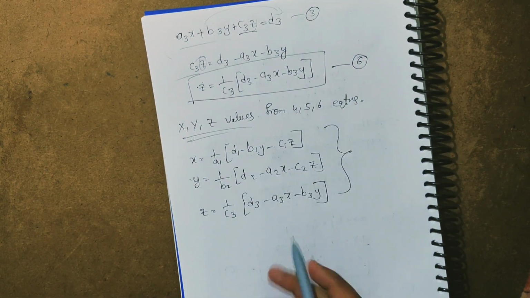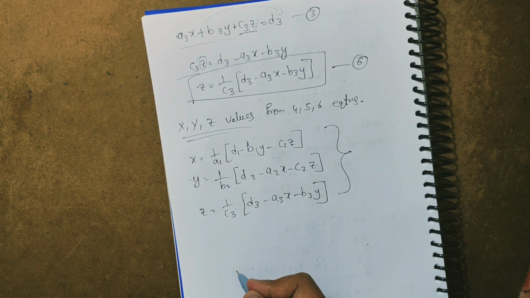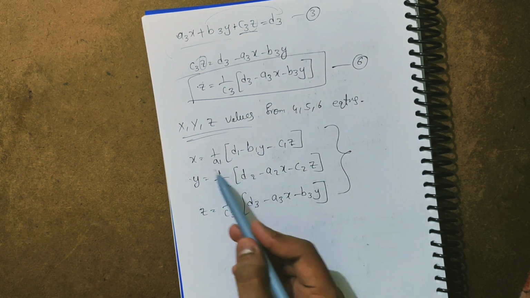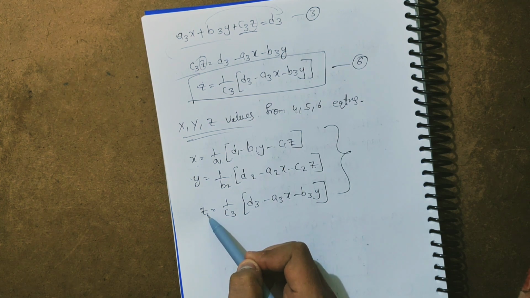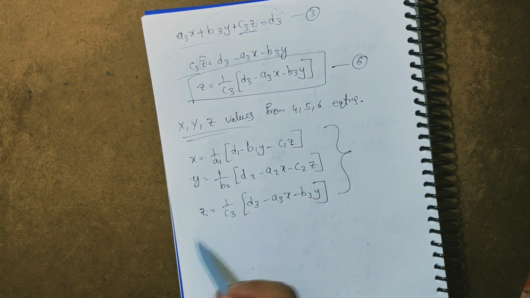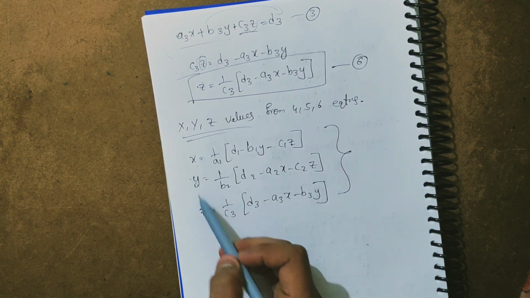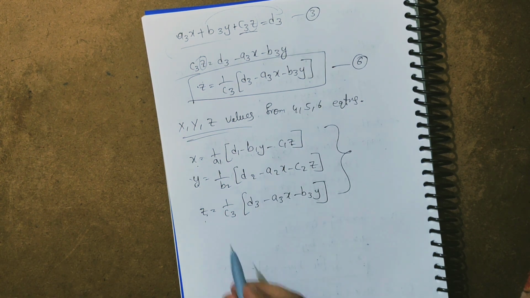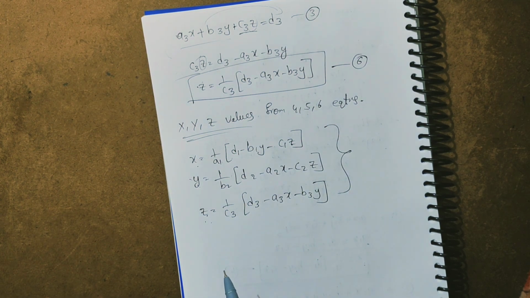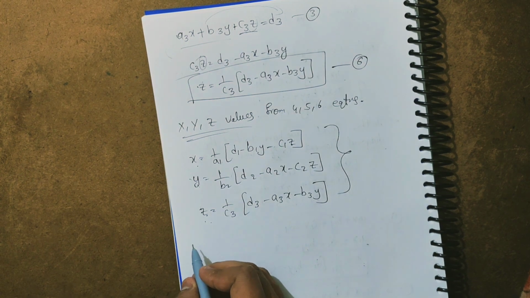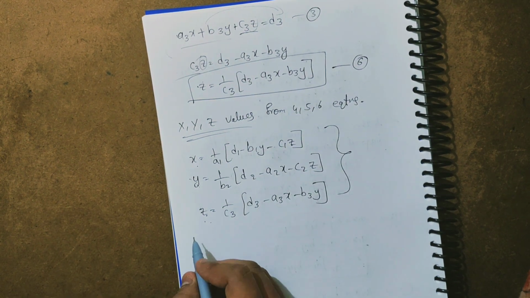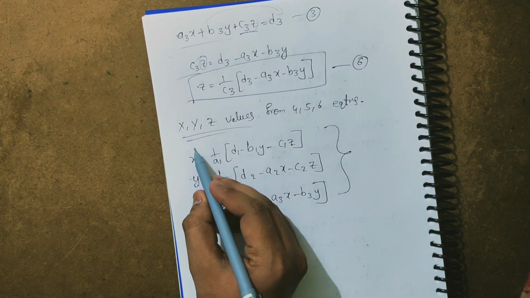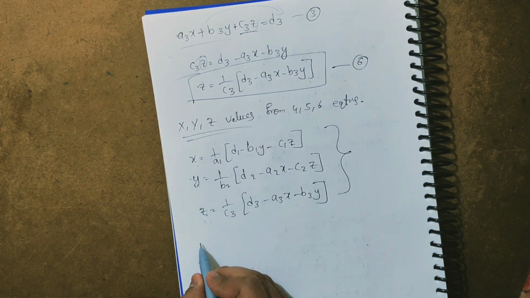So, the next thing we have to see is we use these x, y, z values or formulas to find the values of x, y, z, right? So we have to find like this. So in this Gauss Seidel iteration method, we have to take first initially x, y, z values as 0.